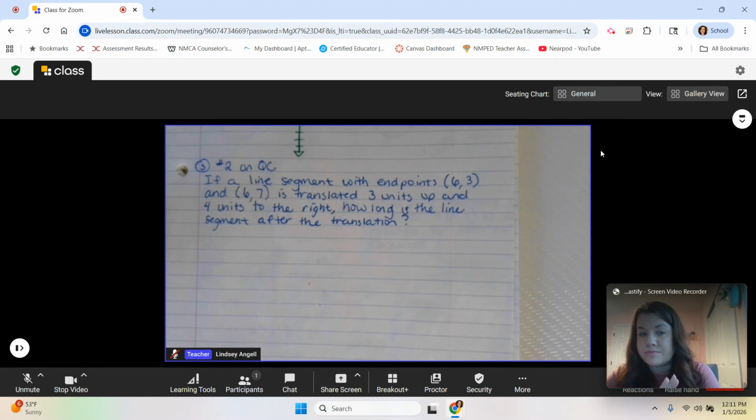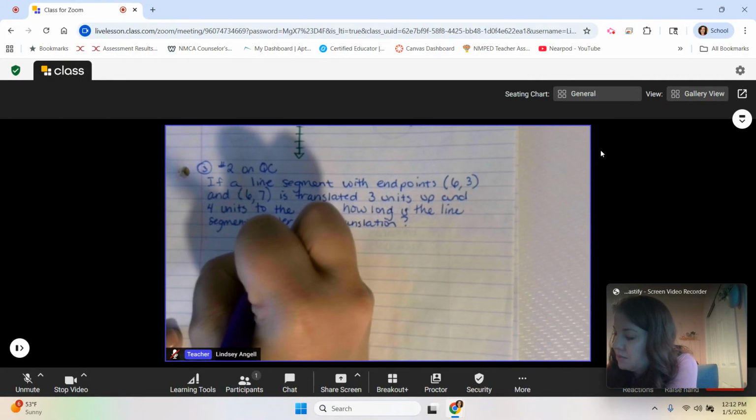And so the line segment isn't different. It doesn't change sizes. Whatever the original size was, it's still that size even after the translation. So let's go ahead and practice that.